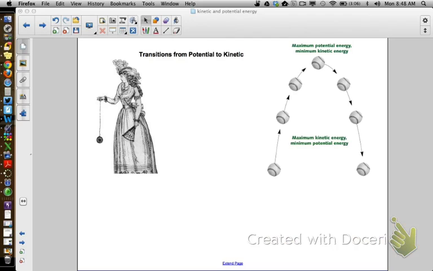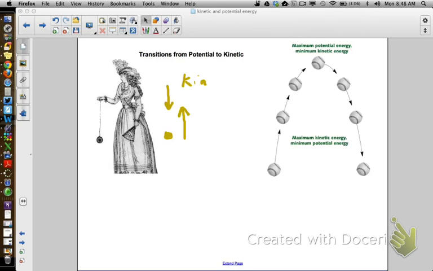So take this example from the yo-yo. As you let it go, it's falling down to the ground, but at the farthest point, it's spinning and then rotates back up. As it's going down, it's increasing in kinetic energy.